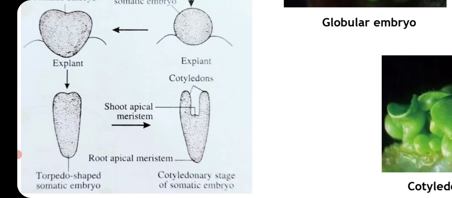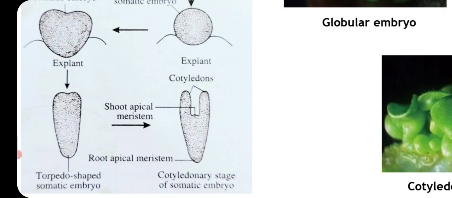So further development results first in a globular stage, then heart, then torpedo-shaped and cotyledonary stage of the somatic embryo. That is direct somatic embryogenesis.